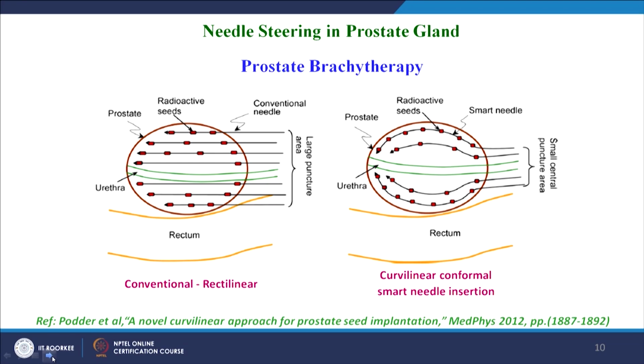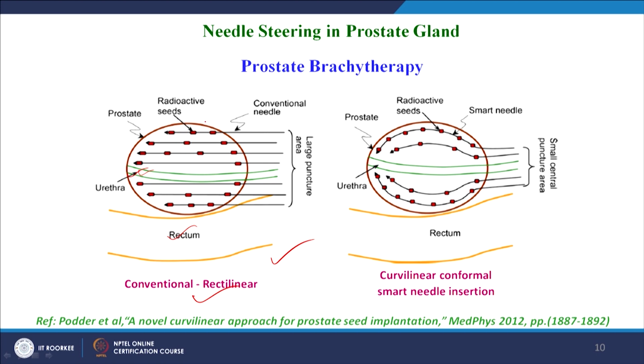Thus, the schematic shows more clearly that the conventional rectilinear approach uses rigid needles with the radioactive seeds attached to them, penetrated into the prostate gland, where the radioactivity is getting exposed to the healthy organs, rectum and urethra. The urethra is the green line shown here, and the rectum is the orange line showing that region.